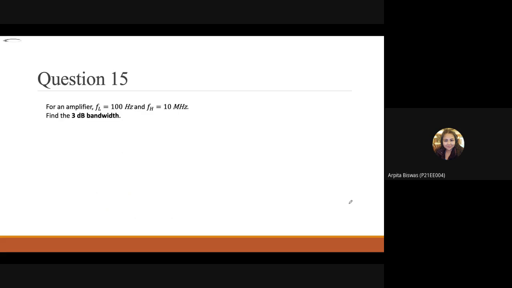So this is the question number 15. For an amplifier, FL is 100 Hz and FH is 10 megahertz. Find out the 3 dB bandwidth.